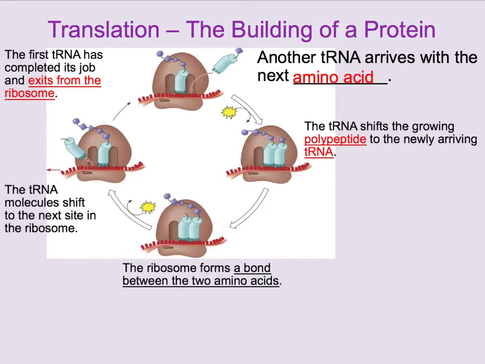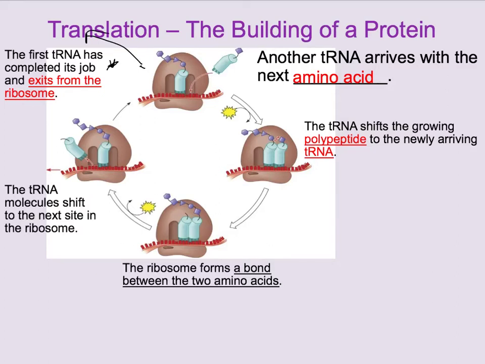So we hit here, and this diagram is very similar to the others, but with a little bit of explanation now. So the first transfer RNA has completed its job. So I'm right here, and it's going to exit. It leaves the ribosome and goes into the cytoplasm.